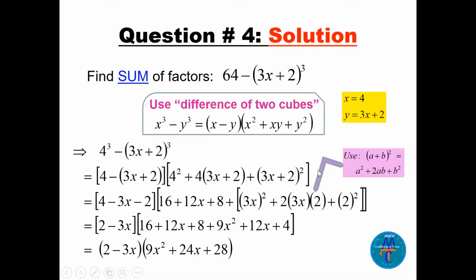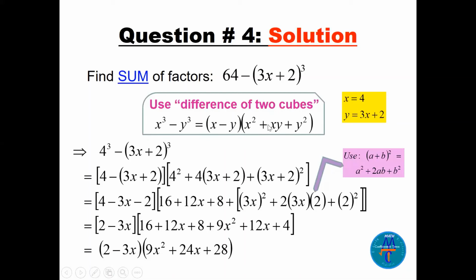Now this one, you have to remember the formula. Perfect square trinomial. 3x plus 2 squared. See, remember, a plus b. This is a, 3x, and b is 2. So it will be a squared plus 2ab plus b squared. Remember, here we have 2, but in the formula and the factoring, a difference between two cubes, there is no 2 here.